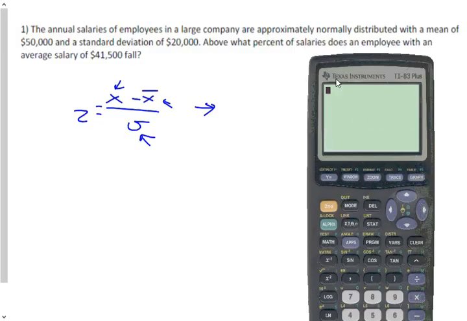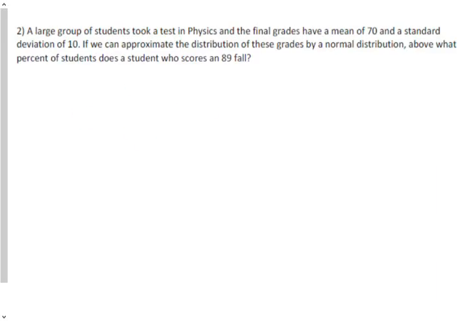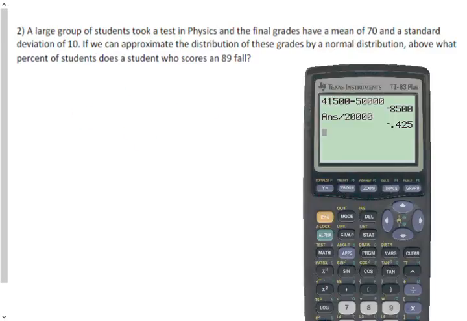So in this one, 41,500 minus 50,000 divided by standard deviation. And the z-score is negative 4.25. So that means this was below average because it was negative. Okay. So next one.